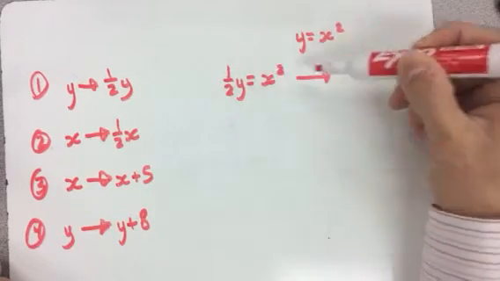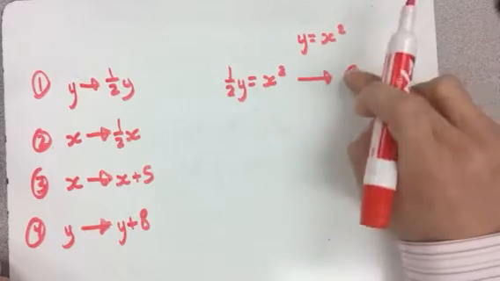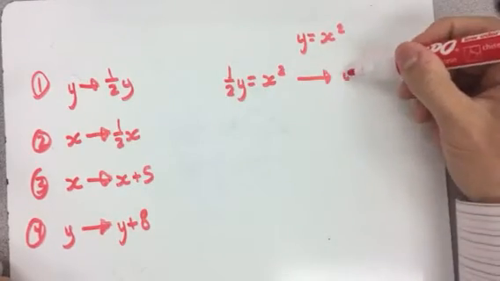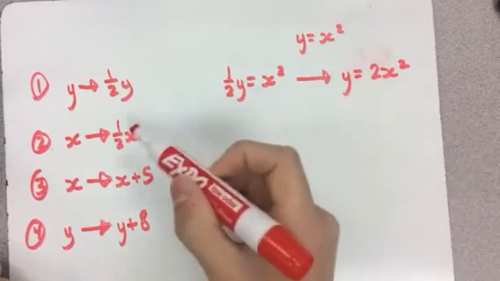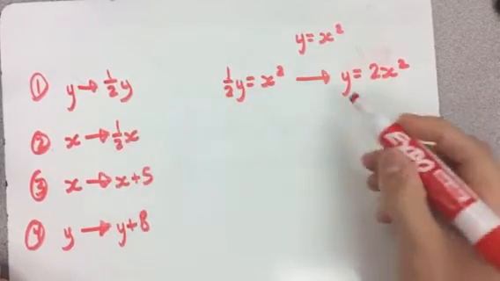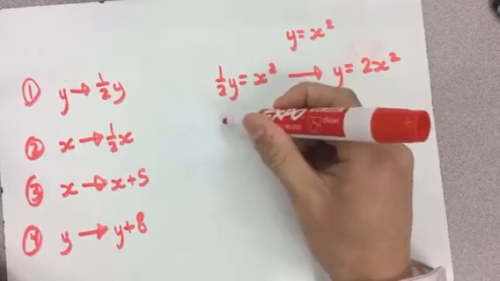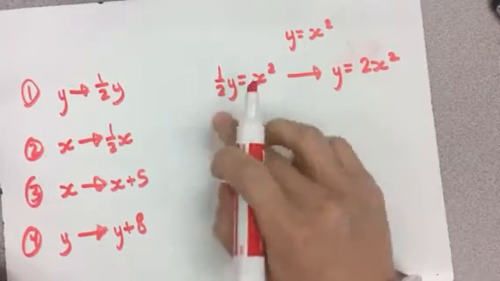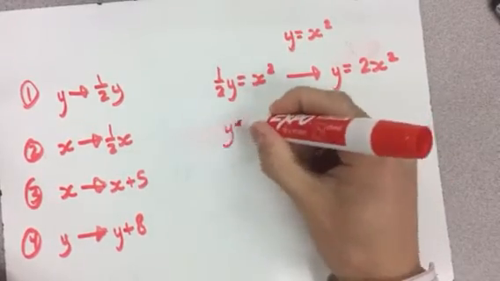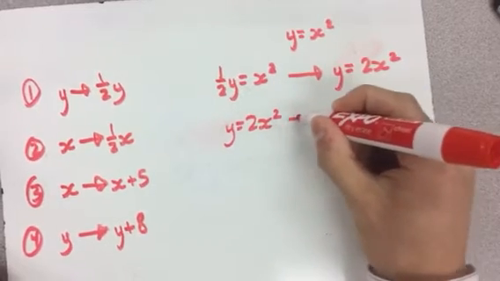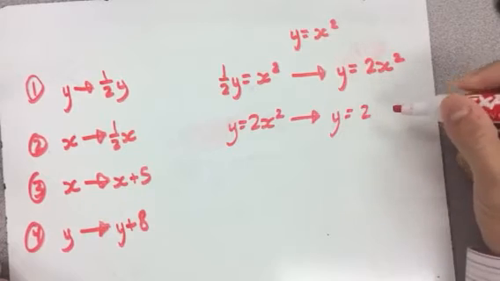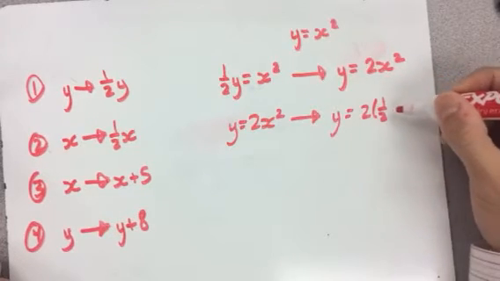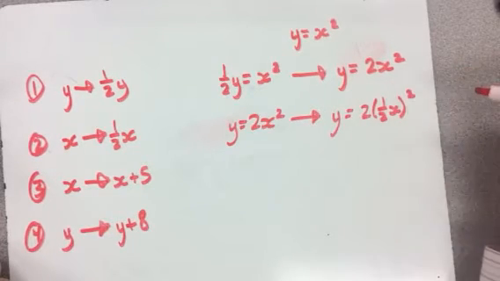If I bring this 1/2 over to the other side, that's going to leave me with y equals 2x squared. Next, I want to apply this transformation. So I'm going to have y equals 2x squared, and that's going to bring me to y equals 2 times (1/2 x) squared.